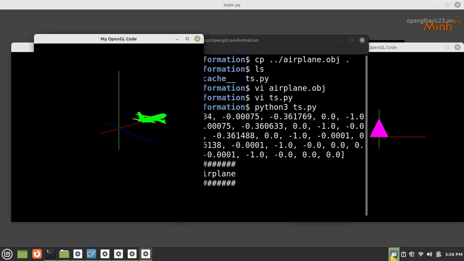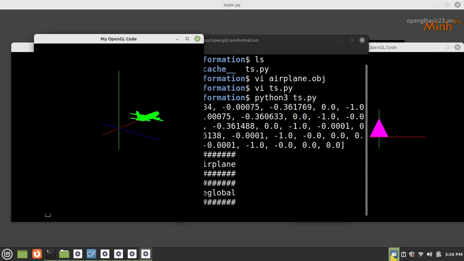Now if I rotate on the Y axis, this is the plane. Here it is. And if I rotate across the Z axis, sorry, I think I rotated wrongly.